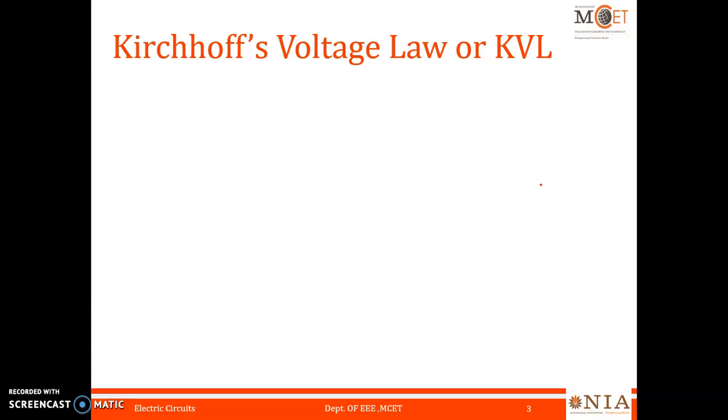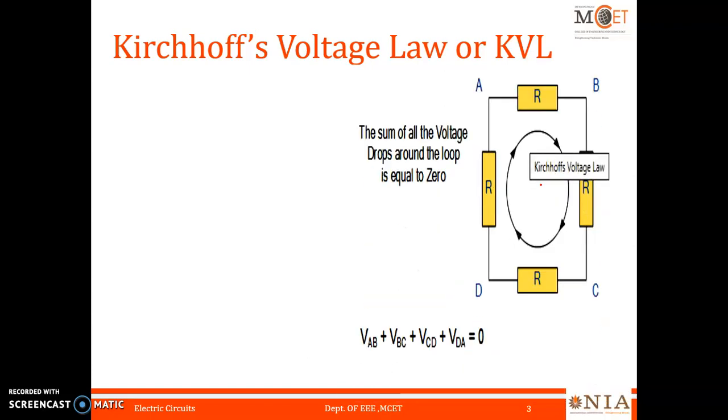Next we will see about Kirchhoff's voltage law or KVL. In Kirchhoff's voltage law, we have to know that it is applicable only when there is a closed loop in a circuit. So consider this is a circuit.